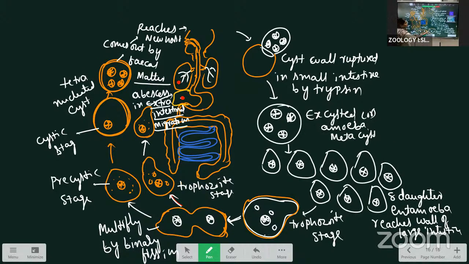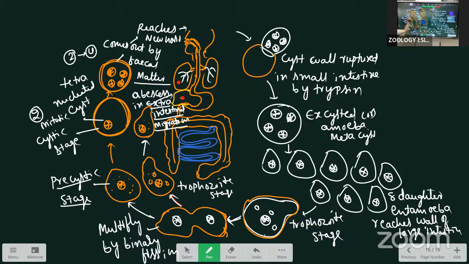Next, normally, amoebiasis is mainly caused after the binary fission. Some are formed as pre-cystic stages. The pre-cystic stage undergoes encystation and forms a cystic stage. Inside this cystic stage, the nucleus undergoes two mitotic divisions. With the first mitotic division, two nuclei are formed, and with the second mitotic division, four nuclei are formed.